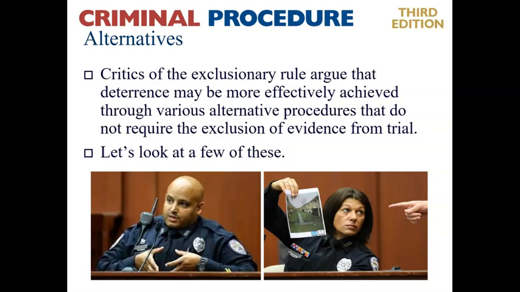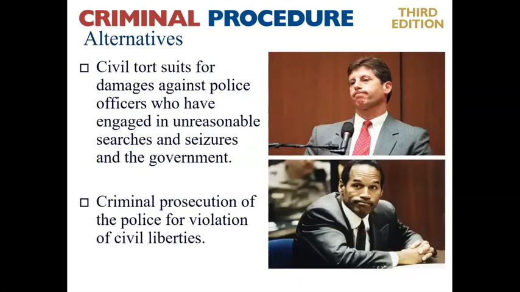Do you believe that any or all of the procedural mechanisms that we have in place, and we'll talk about a few more, and think about it while I'm talking, would be more effective than the exclusionary rule in deterring violations of the Fourth Amendment? So let's look at a few and let's apply that statement.